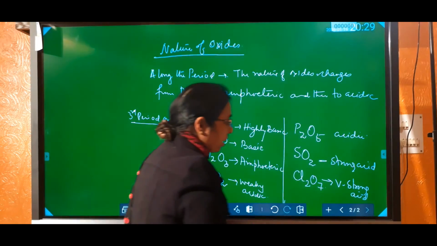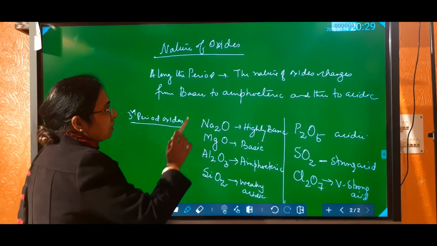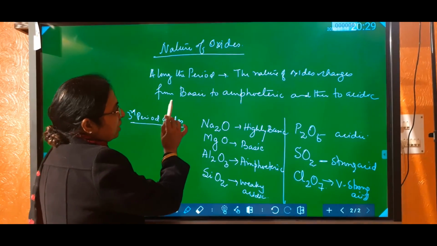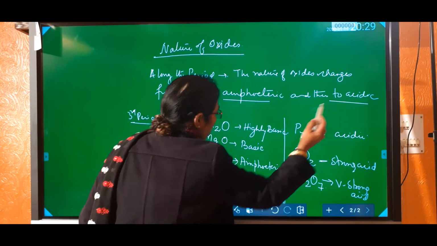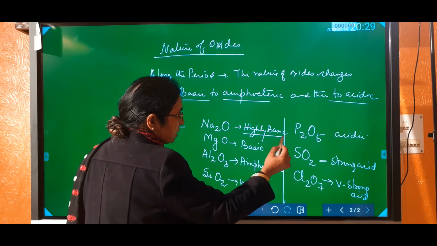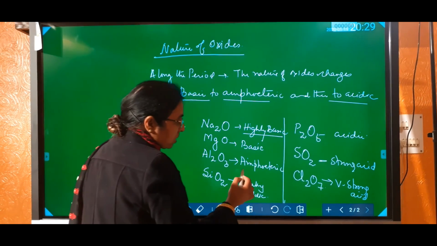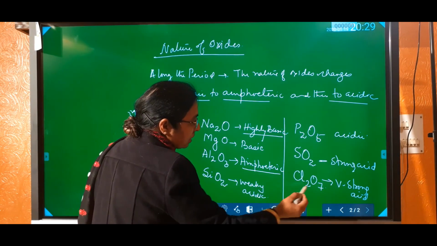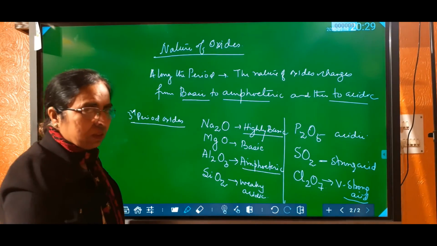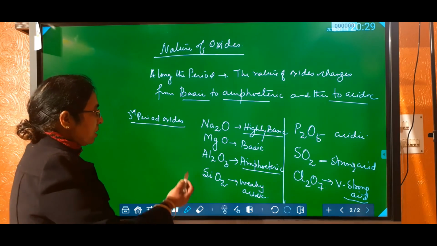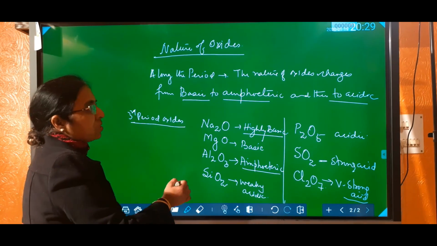So you can observe the nature of the oxide changes from highly basic to amphoteric and then finally to acidic. So this was about the nature of oxides.